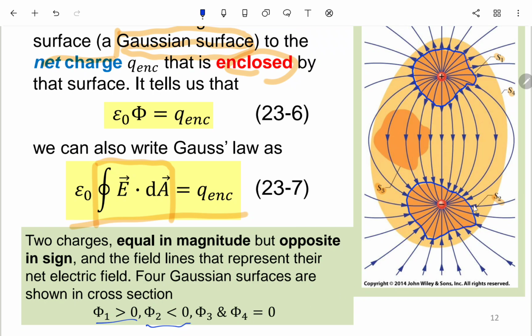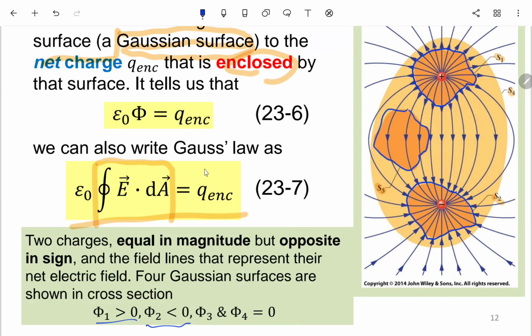Okay, so S1 and S2, so here S3 is the left side, this part is the S3. In this S3 it encloses nothing. This positive charge and this negative charge are all outside. So the Q enclosed is perfectly zero. No charge inside this S3.